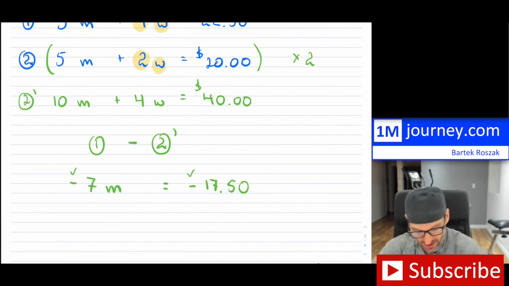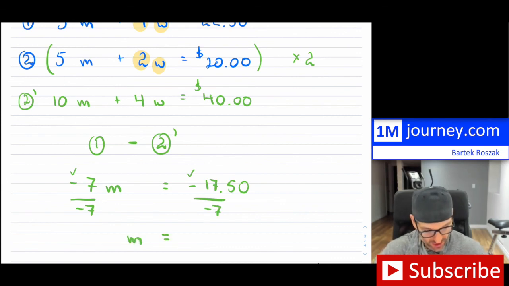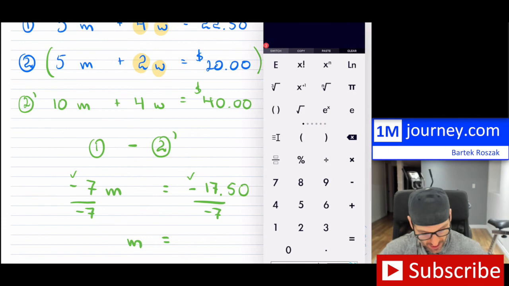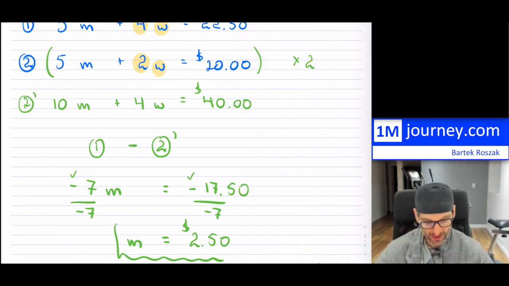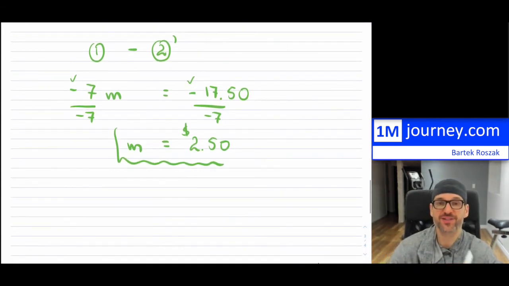Then you can divide both sides and you'll find out exactly how much those milkshakes were. So let's take a look. We have 17.50 divided by 7. So each milkshake was $2.50. There you go. So that's how you would set this one up.